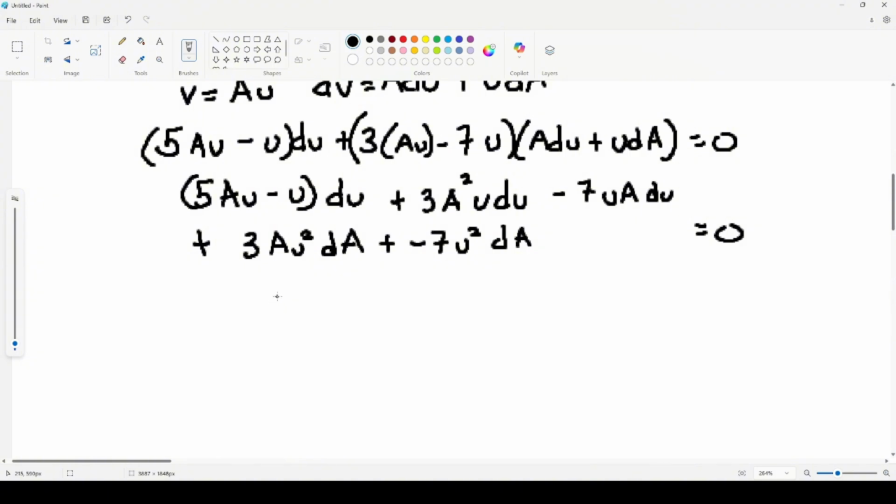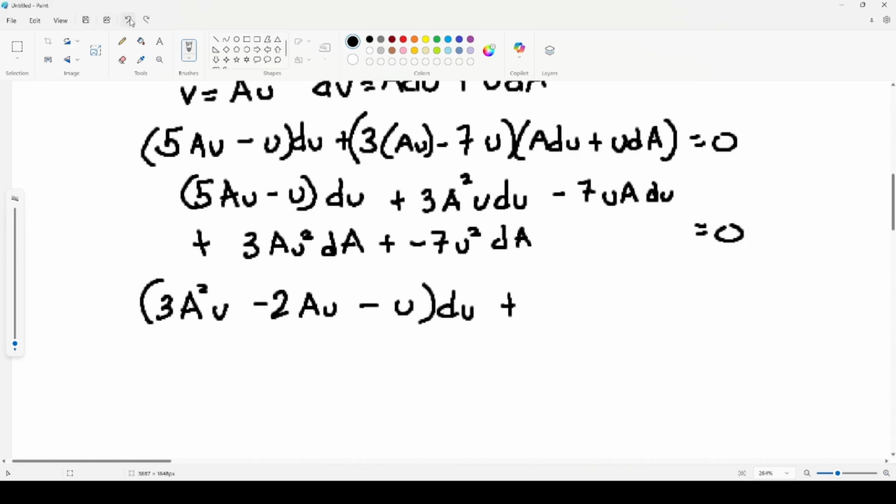Okay, let's simplify further. We're going to check du. This one is Au, and for the 7, this one is negative 7, this one is positive 5, so that's negative 2. So (3A squared u minus 2Au minus u) du plus, well, 3 minus 7.